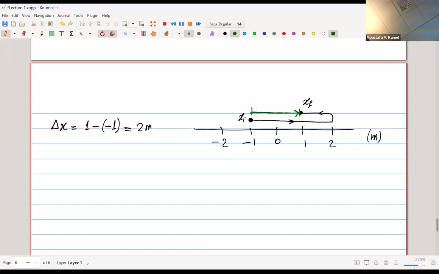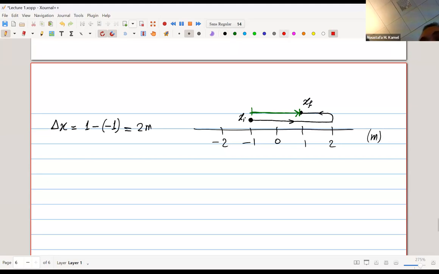However, this is not the distance traveled. So if you were driving your car, you will have on your display more than 2 meters. You will actually have 4 meters read on your display, because distance traveled is the whole thing.